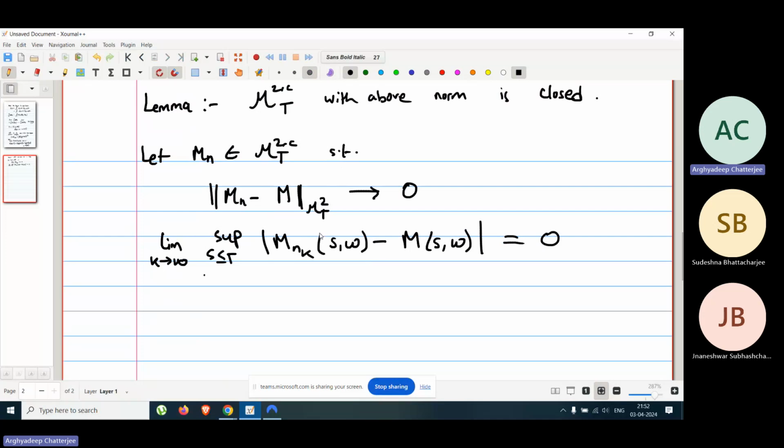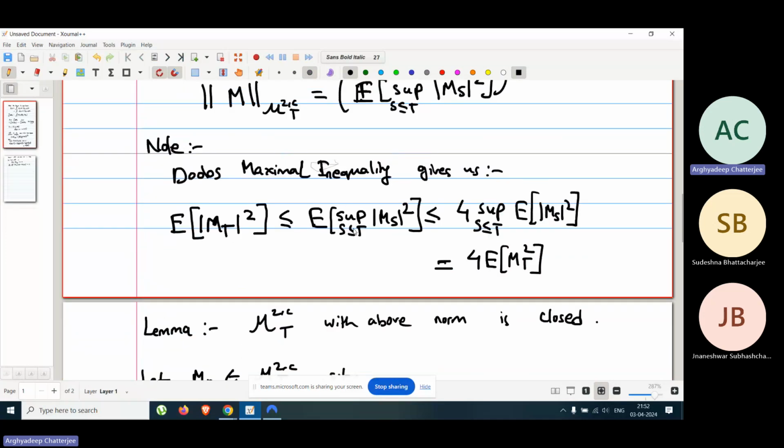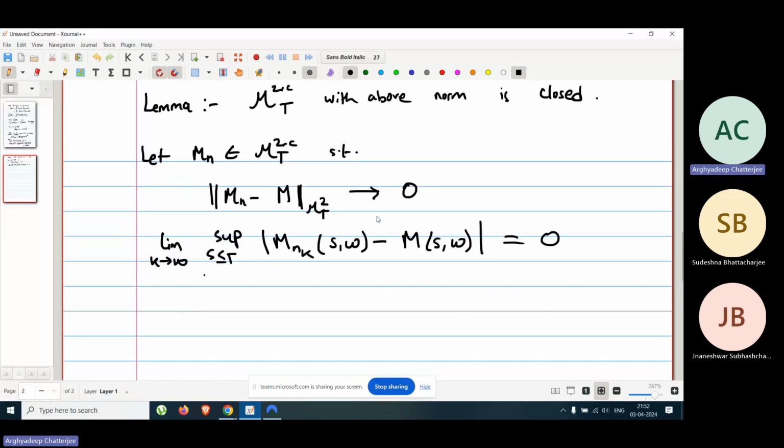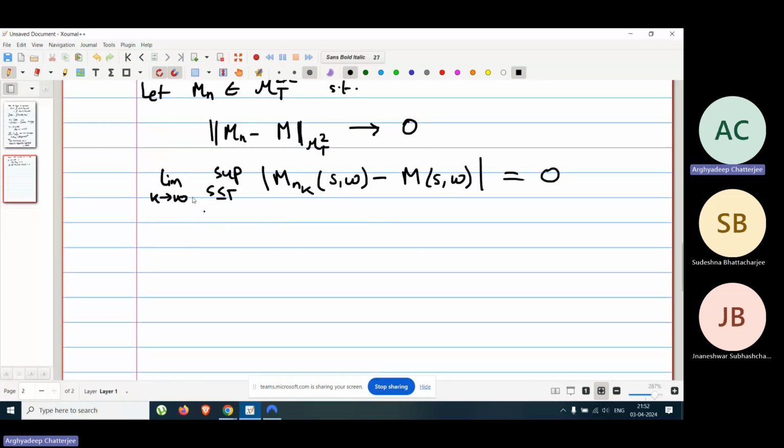We can say this because we have almost sure convergence of this sequence of C[0,T]-valued random variables. This is just convergence in the L infinity norm.